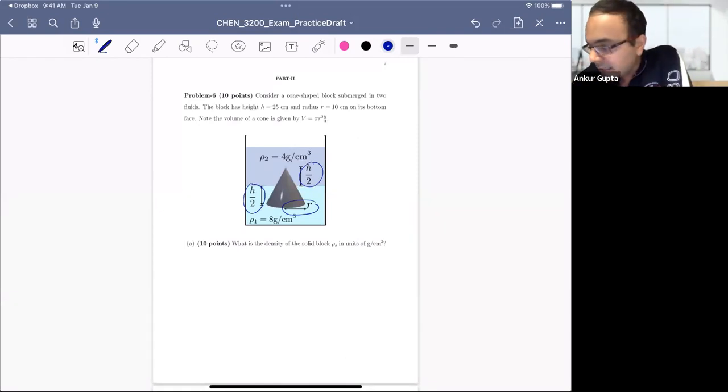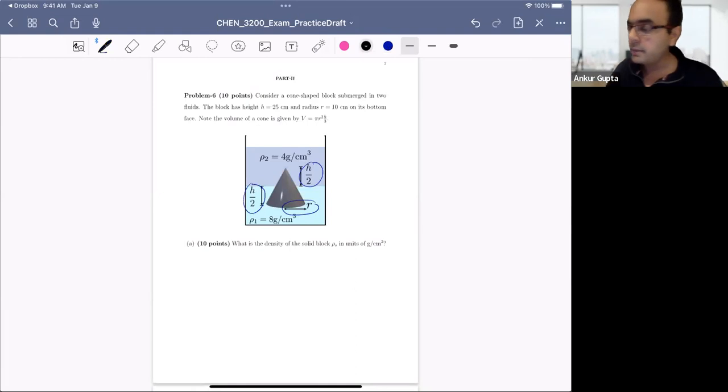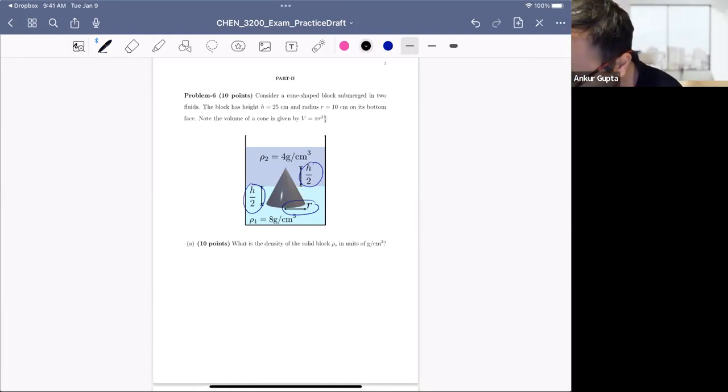All right, so this is a classic buoyancy force problem because it's submerged and it's not falling or anything. So basically, we have done this in class that the buoyancy force has to balance the weight of the block. So mg is equal to F buoyancy by fluid 1 plus F buoyancy by fluid 2.